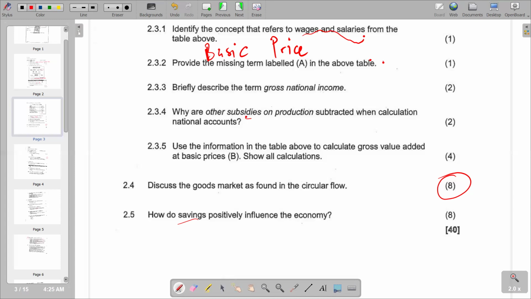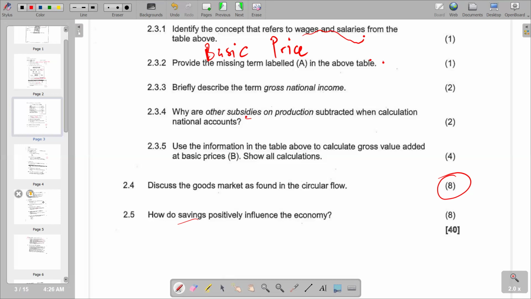So obviously the value of money will be eroded in such a way. So in those phases when the economy is declining, the participants in the economy can also become active during those times because they have savings. So basically this is a short description of how savings positively influence the economy.